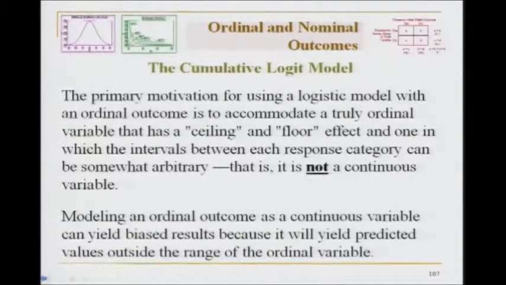There's some thresholds. This is the same idea. Like a Likert scale, 1, 2, 3, 4, 5, something like that, there's a top and a bottom. If you model that as a continuous variable, you could predict somebody scoring a 6 or scoring a 7 because you're counting it as a continuous variable. So you don't really want to do that.